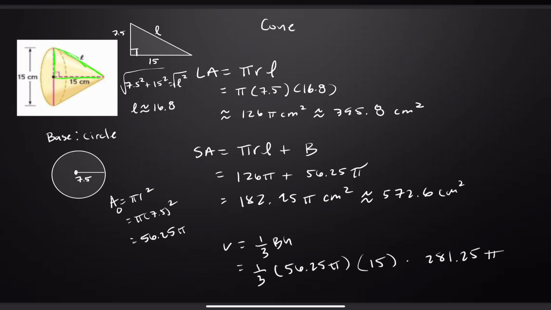And it doesn't look like an approximate answer, so I'm going to put equals there. Now, including the pi this time, you will get 883.6 cubic centimeters. And there you go.